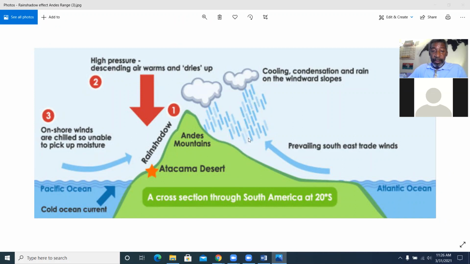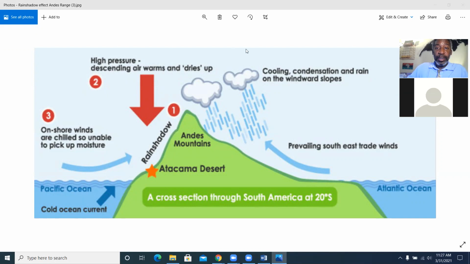On the other side of the mountain, this air continues to move, but now it's very dry as it reaches the leeward side of the Andes mountain range because the moisture has precipitated out. And so now that very dry air contributes to the formation of the Atacama Desert, which again is one of the driest regions on Earth.